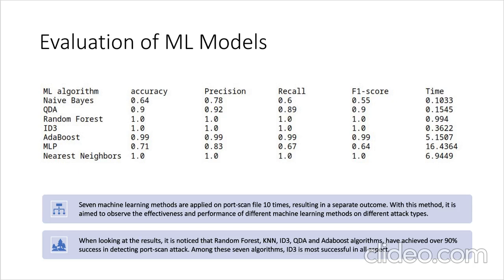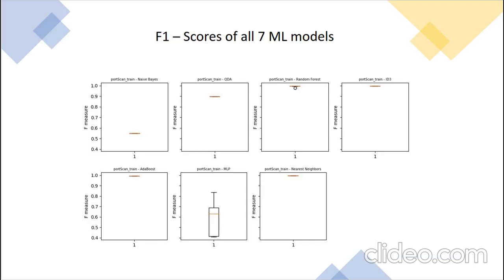Among these 7 algorithms, ID3 and random forest and this KNN stand out as the most successful in all aspects. In this visual representation, we present the box and whisker plot of the F1 score achieved by various ML models.